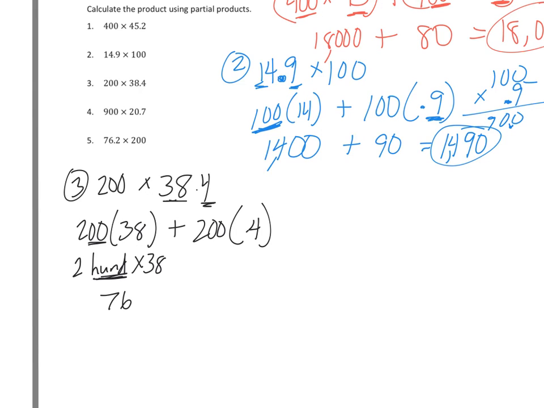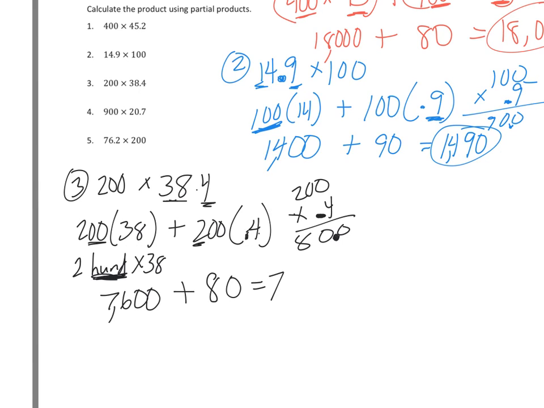It's 76 hundreds. So 2 zeros. That just makes it so much easier than setting it up and having the zeros in there when I'm multiplying. I can just use unit form for that. Then I have 2 hundreds times 4/10. 2 times 4 is 8. And I know if I do show this, I get 800, but because I have tenths here, I have to move everything one place value. So it's going to be 80. So I get 7,680.